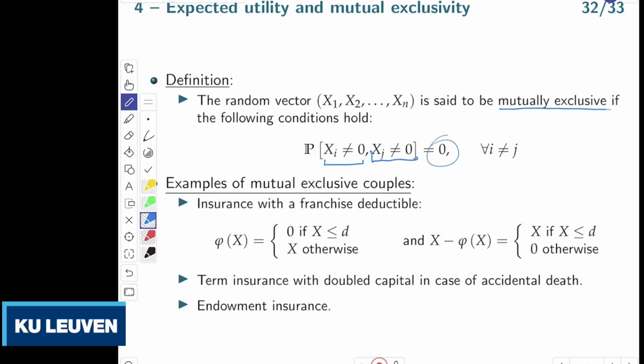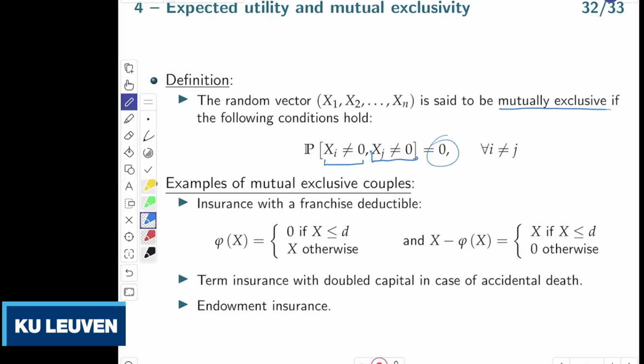These two risks, the risk that you have to pay the death benefit and the risk that you have to pay the survival benefit, are mutually exclusive risks. Because if I know that I pay the death benefit, I know for sure I will not pay the survival benefit, because once you are dead, you cannot survive anymore. In the other situation, when you do not pay the death benefit, you will pay the survival benefit. So these are mutually exclusive risks.